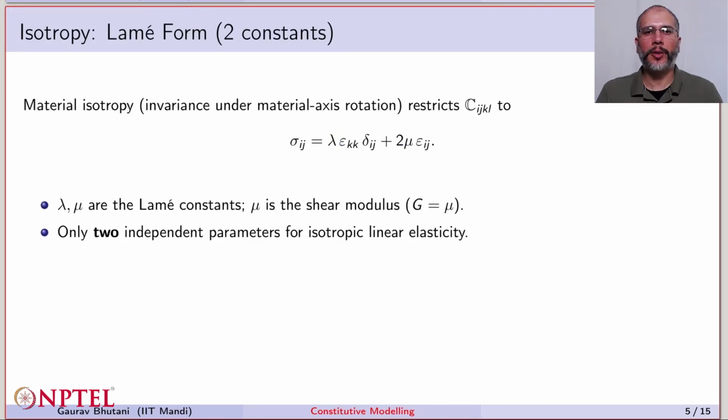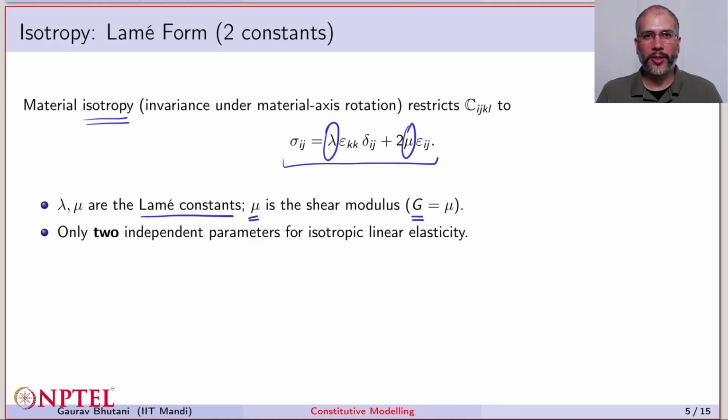As a part of a tutorial problem later, we will be deriving this expression for sigma as a function of epsilon for isotropic materials. But let's discuss this expression today. So this lambda and mu are called Lamé constants, where mu actually is the shear modulus as we understand from strength of materials ideas.